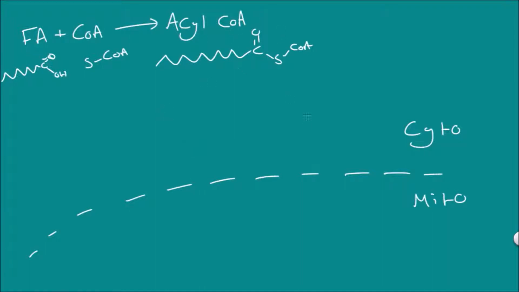Acyl coenzyme A can still not diffuse into the mitochondria, but it does allow a way in which the acyl group can get into the mitochondria. This acyl coenzyme A, which is essentially now an activated fatty acid, will react with a molecule called carnitine, which is just a carrier. That will then produce acyl carnitine.